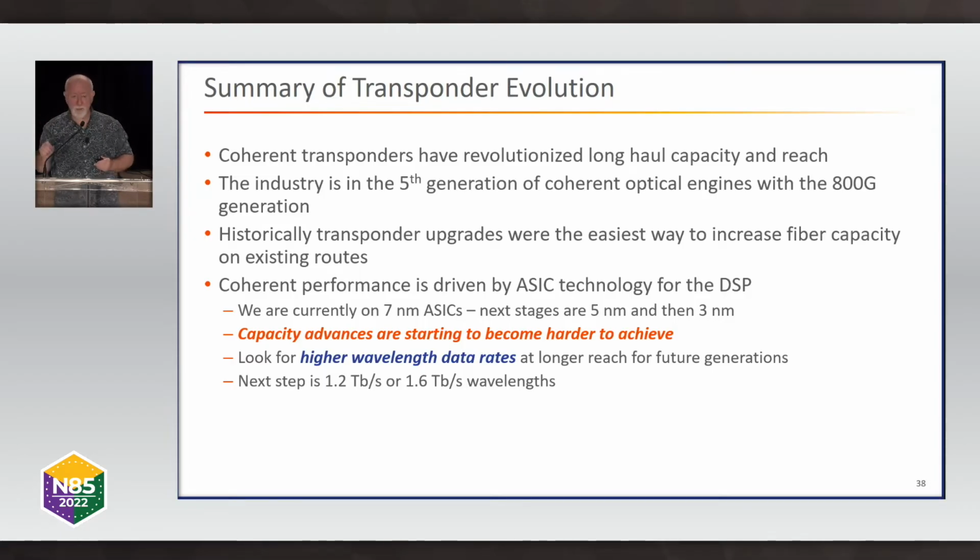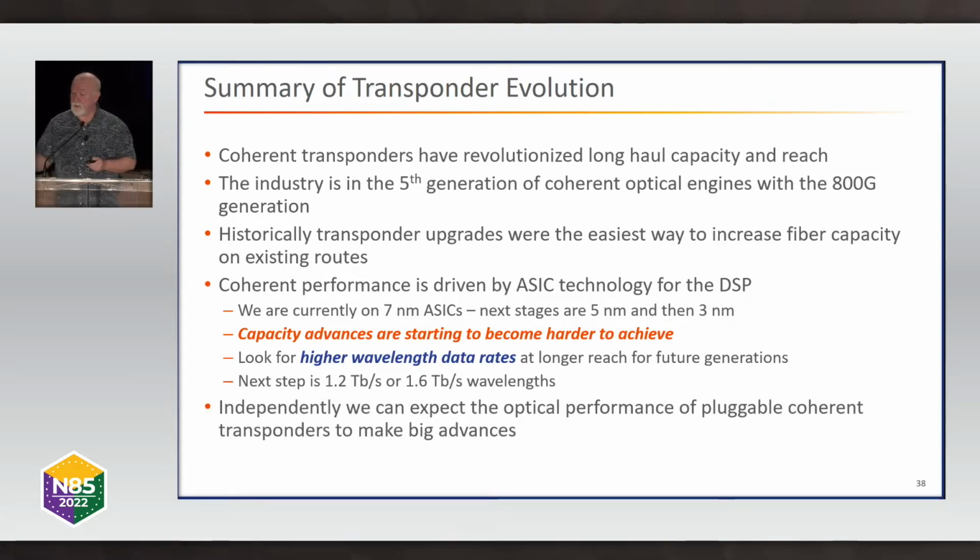But what we can still do with transponder evolution is give you higher wavelength data rates at a given optical reach, because that will positively affect your network economics. So independently, we can expect optical performance in pluggable form factors to improve dramatically, because right now, the high performance transponders are not in a pluggable form factor.